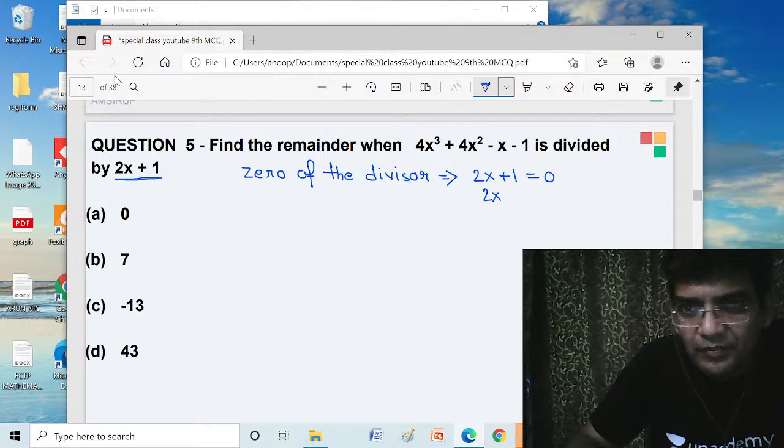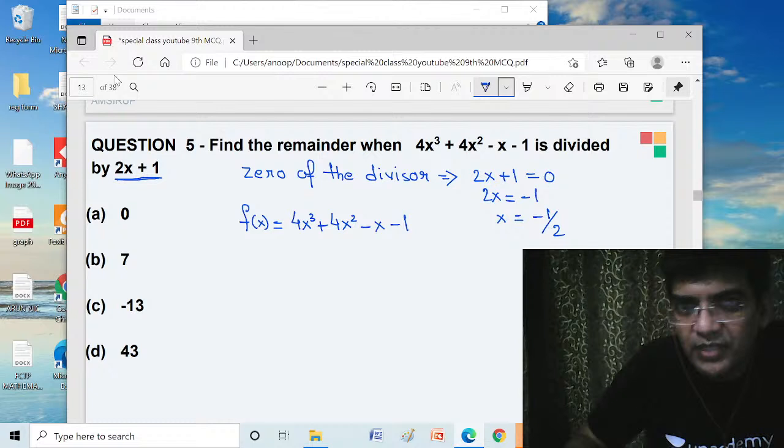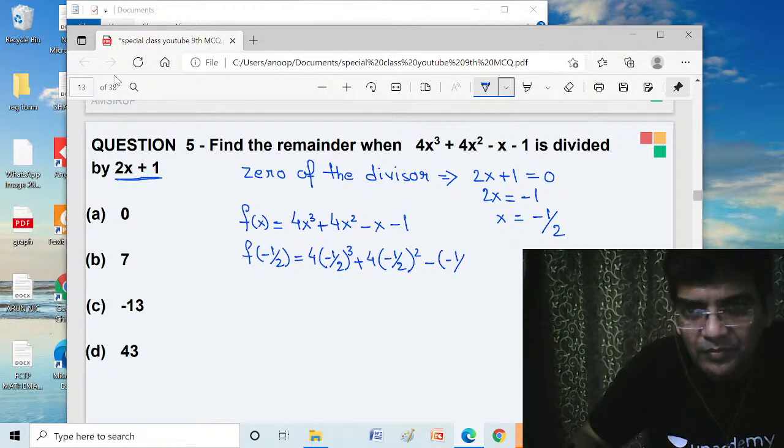Now in this polynomial, I am going to substitute the value of x as minus half, wherever x is occurring.